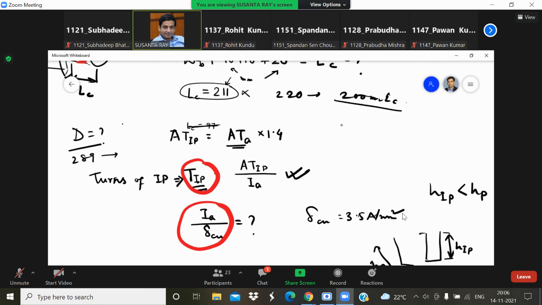And you are getting how much? 469. Overall diameter? 469. That means around 180. So the HP you are getting is around 65 or so.